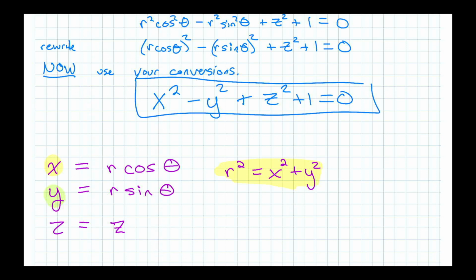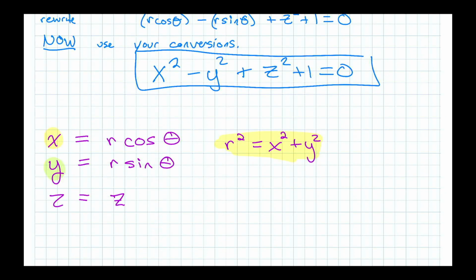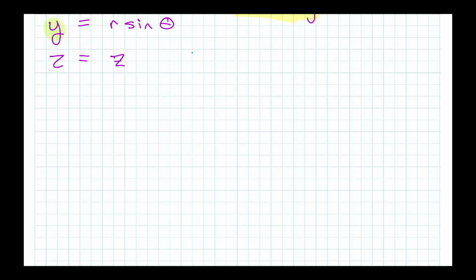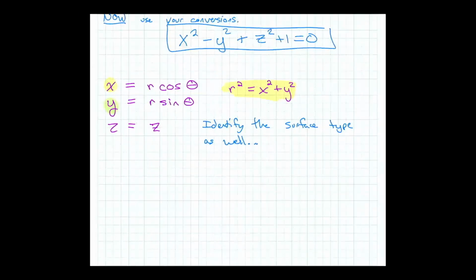And then if you wanted to identify this surface, you would have to think about what kind of surface it is. So how do we do this? Let's also identify the surface type as well. If there's a constant, I should put it on the other side.